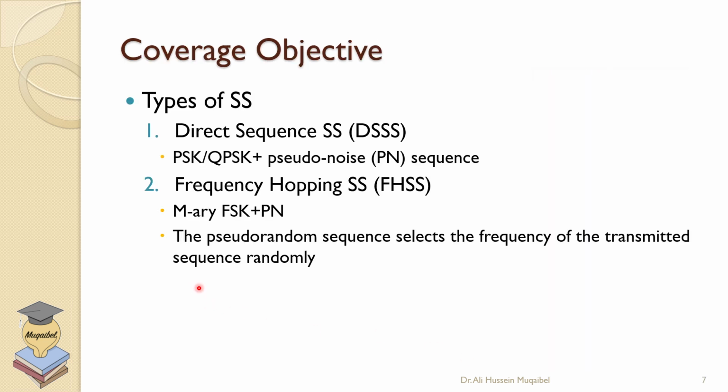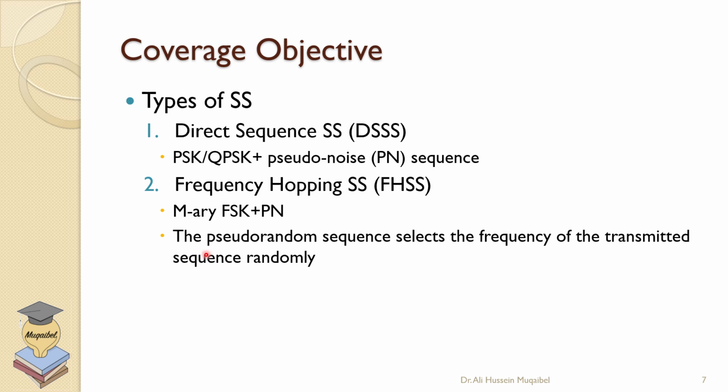Coverage objectives. We would like to cover the following types of spread spectrum. Direct sequence spread spectrum, DSSS, uses PSK or QPSK plus pseudorandom noise. We also have frequency hopping spread spectrum, FHSS.